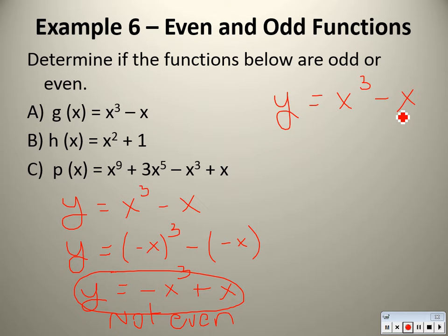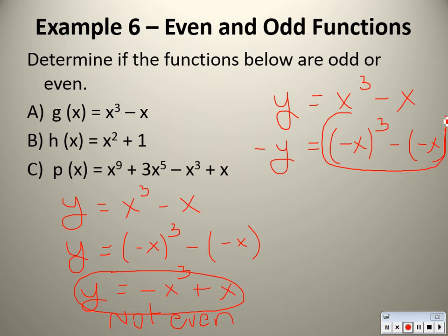If I make both negative, I get negative y equals negative x cubed minus negative x. Let me deal with this side of the equation first before I deal with the negative in front of the y. We already got an answer to that, so this is negative y equals negative x cubed plus x.